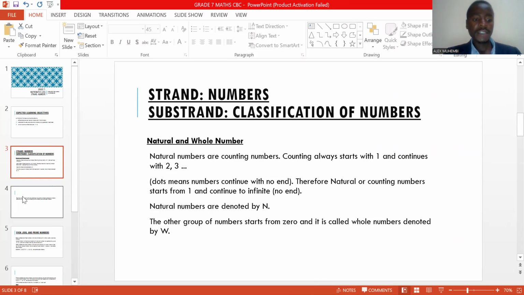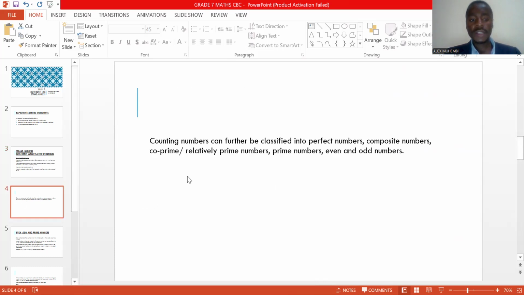Having said that, we can also say that counting numbers can further be classified into perfect numbers, composite numbers, coprime, or what you call relatively prime numbers, and prime numbers. We have even and odd numbers. So we are simply further classifying the counting numbers, the natural numbers.